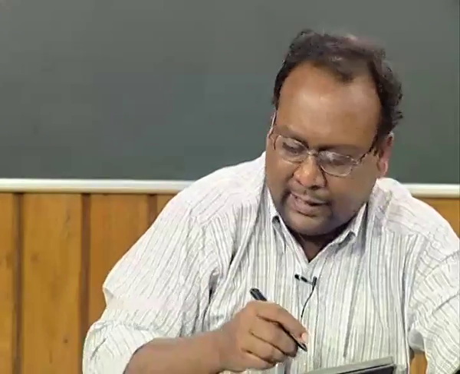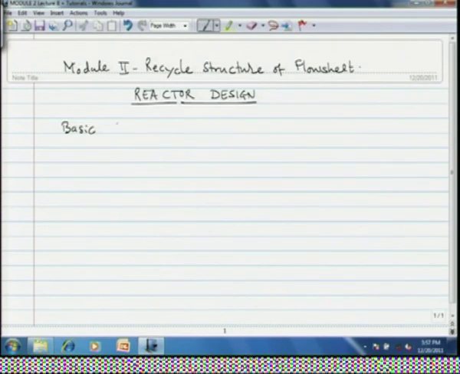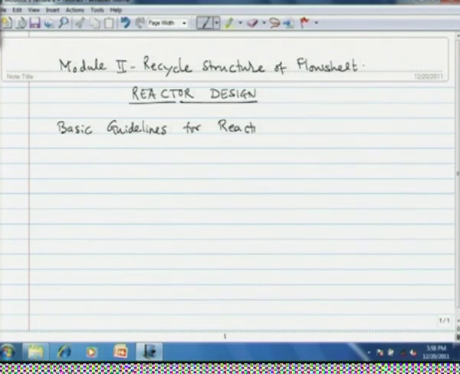Now, let us see some basic design guidelines for the reactor. Some of these things you have already seen in the chemical reaction engineering course, so this will be repetition. Depending on what kind of reactions are occurring in the reactor, you have to base the choice of the reactor.